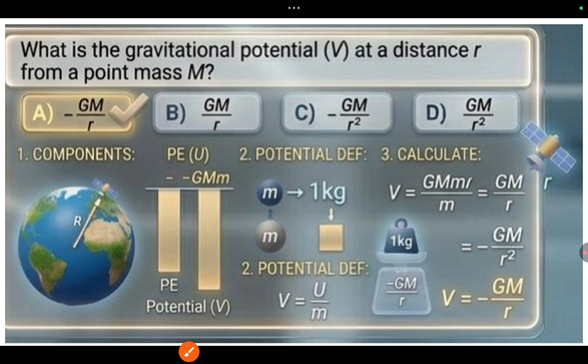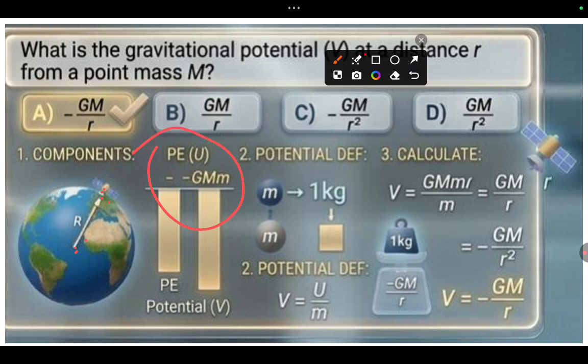Okay, next one: what is the gravitational potential at a distance r from the point mass M? Here this is the mass and this is the center. They are asking about the gravitational potential. The formula for potential energy is minus G M m by r, but here they are asking only for potential.